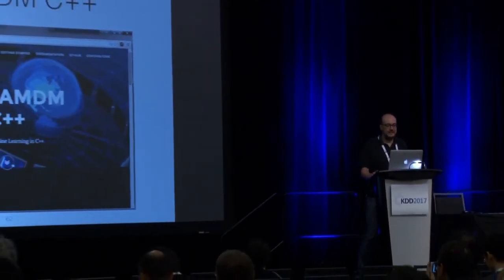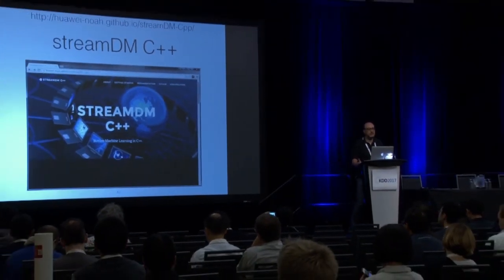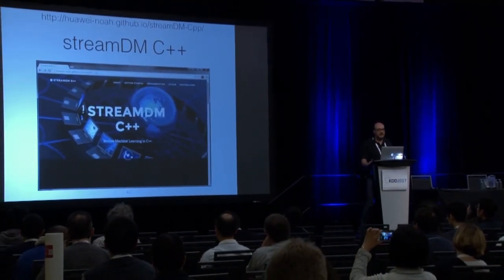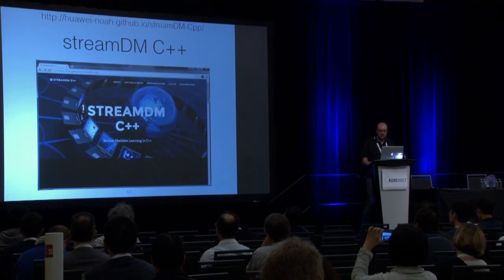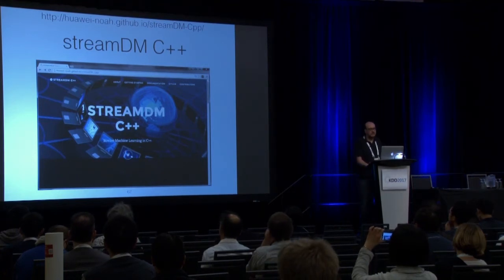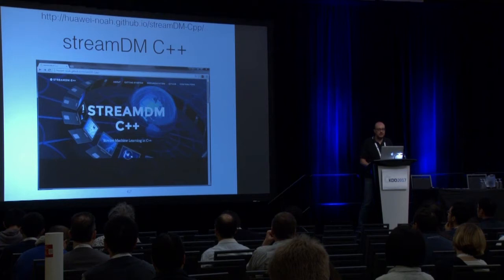But yeah, what's next after MOA? We are presenting at KDD this year this software that is called StreamDM C++. This is a data stream open source software that we created at Huawei Noah's Ark Lab in Hong Kong. It is a streaming open source version in C++.